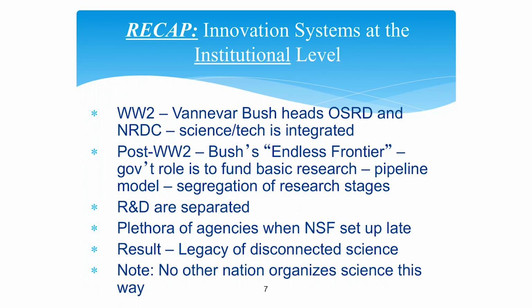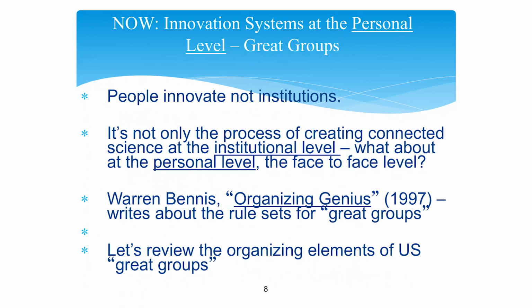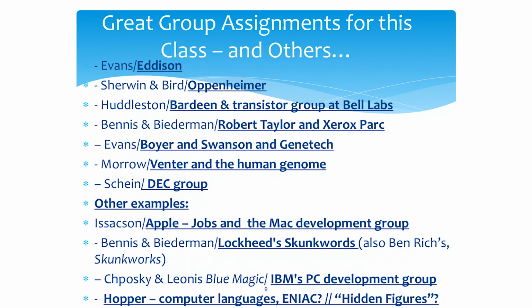Vannevar Bush was the author of the leading tract on what the US post-war innovation system was going to look like, and his model led to the creation and continuation, really started in World War II, of the federally funded research university, and then the plethora of basic science research agencies in the US. So that's innovation on the institutional level. But as we've talked about before, people innovate, not institutions, which is really the topic of today's class.